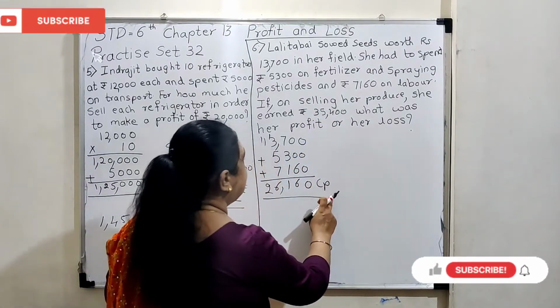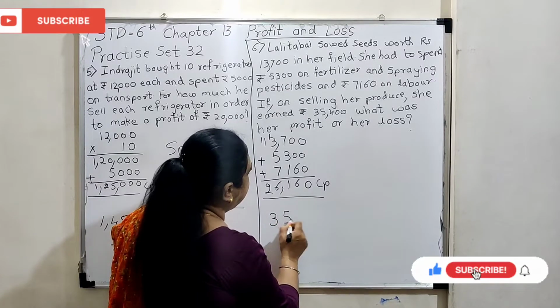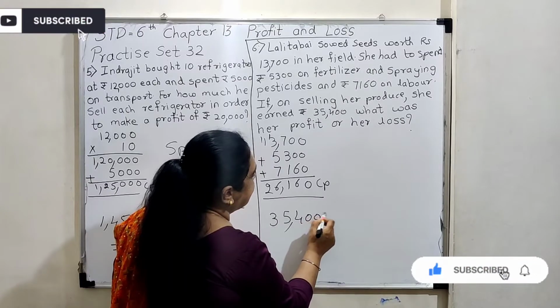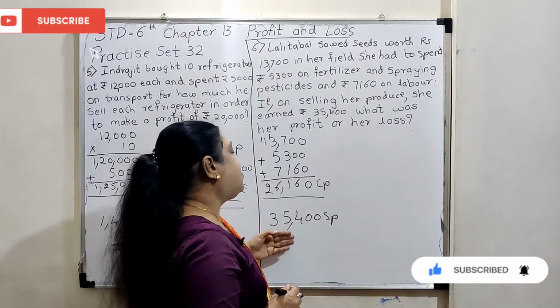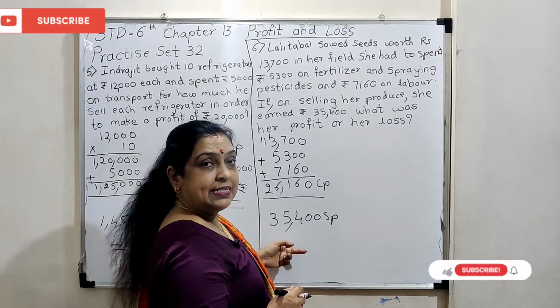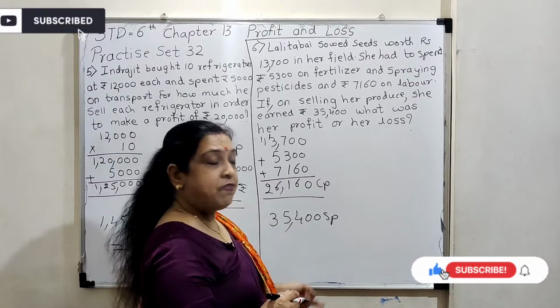That means this is the cost price and 35,400 is the selling price. From this you can make out which is more. So selling price is more.